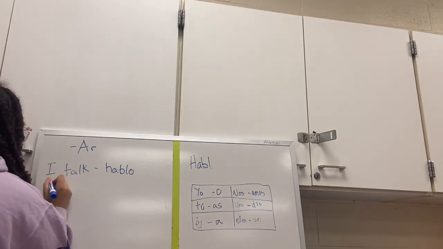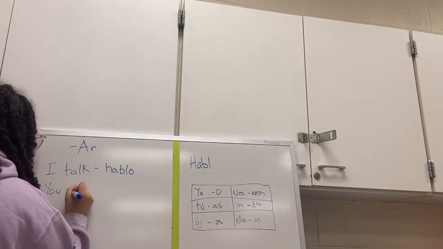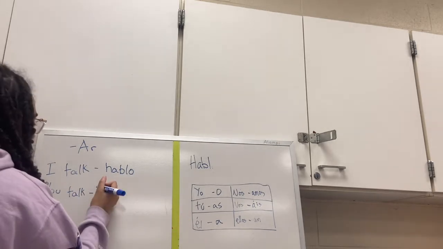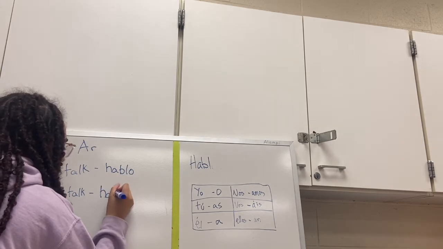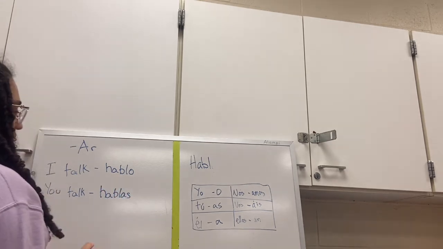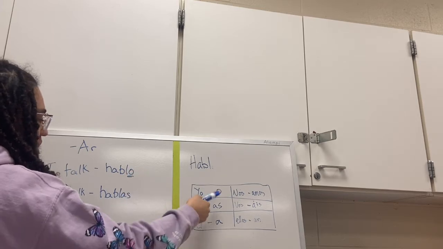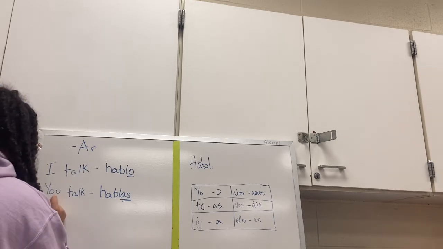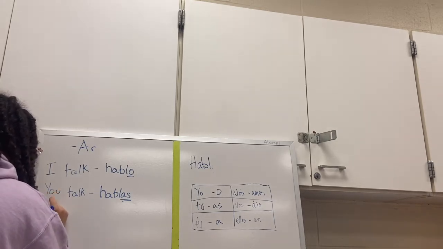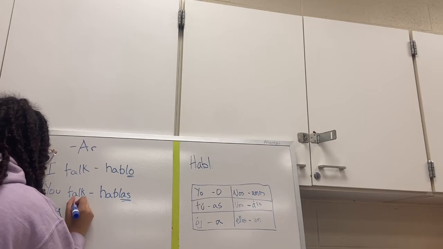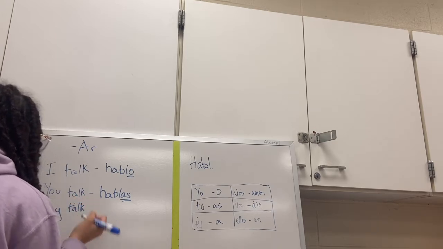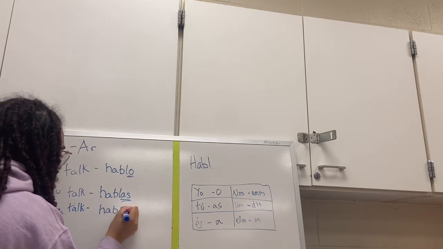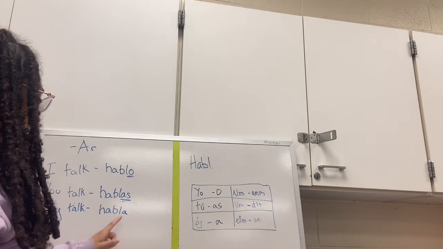So you talk. We have hablas. See how we have that O and as from our chart. Okay? I'm going to do the singular they. So they talk. I'll have habla. Singular they. So habla.